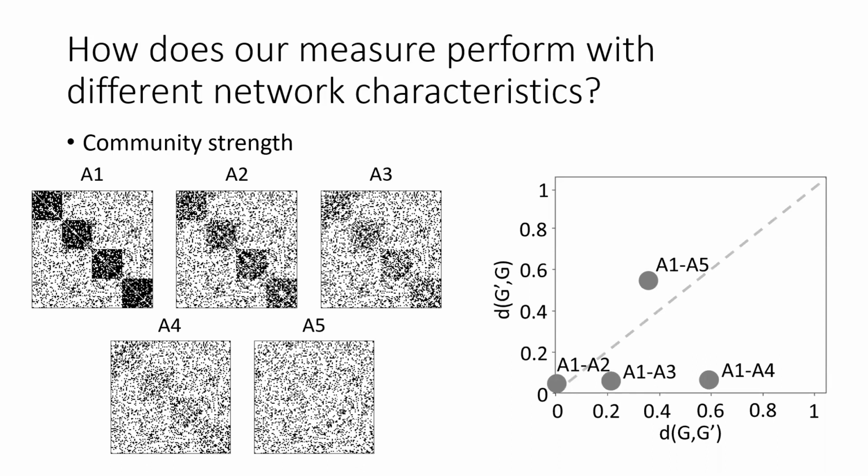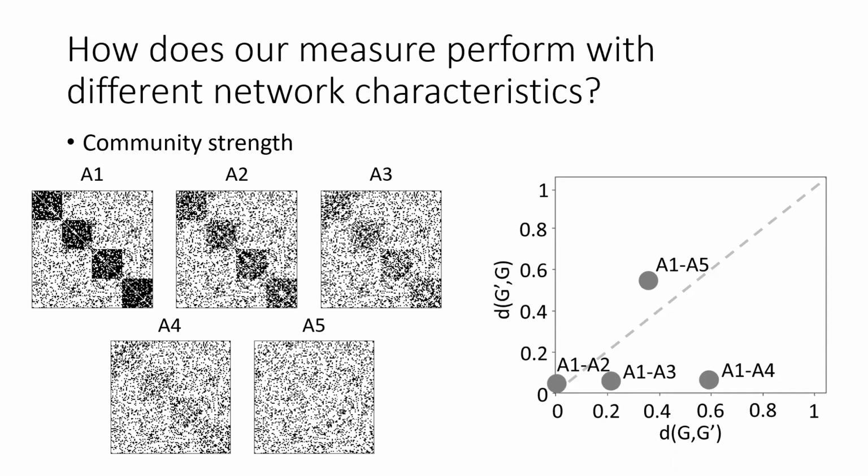So we create a family of stochastic block models where in each one we implant a specific modular structure. This is 4 equally sized communities, as you can see very clearly in network A1. Then in each consecutive network, we reduce the intra-community strength. So there are fewer edges between the nodes within the community, and the community is less well-defined.